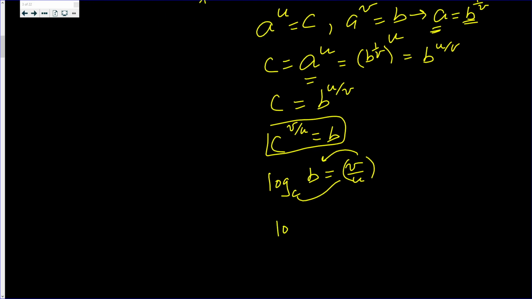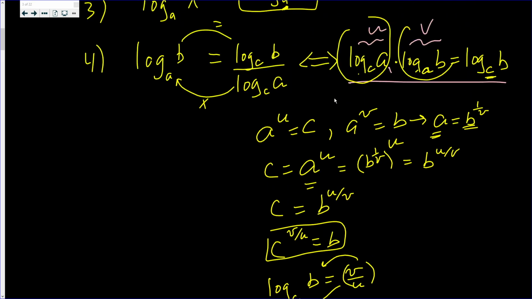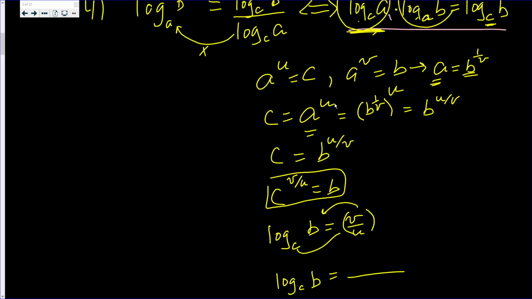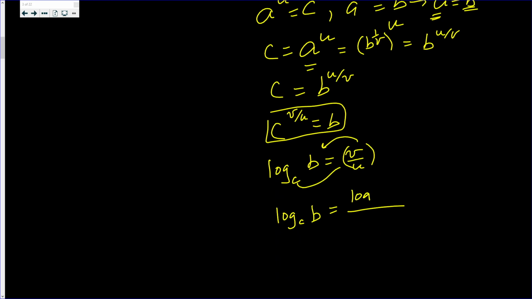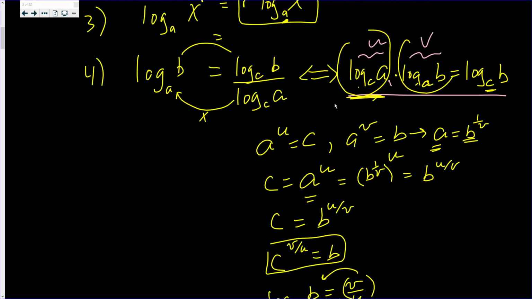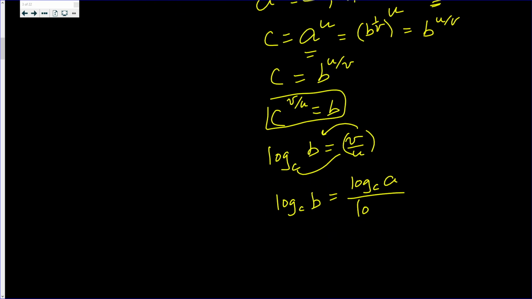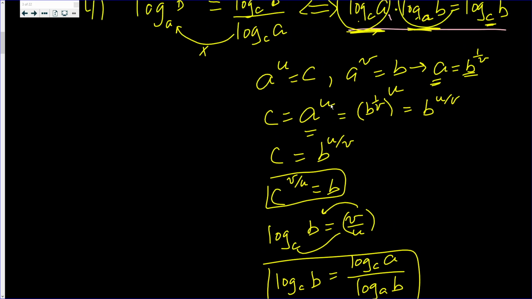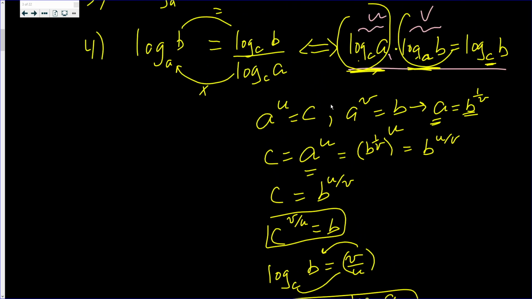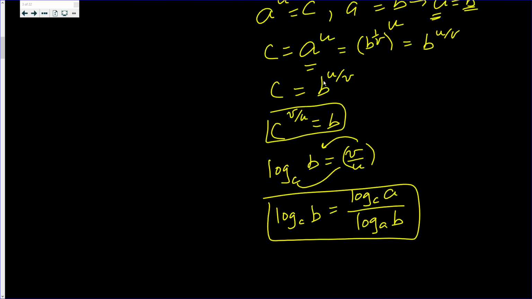So, log base C of B is U over V. U was log base C of A, over V, which is log base A of B. Now, we have this, but is that what we want?